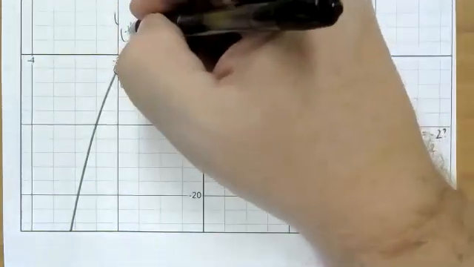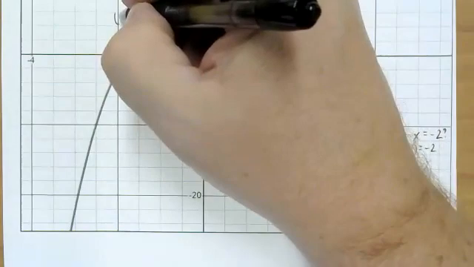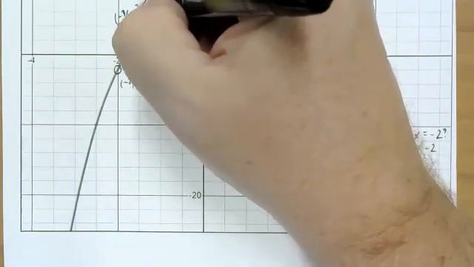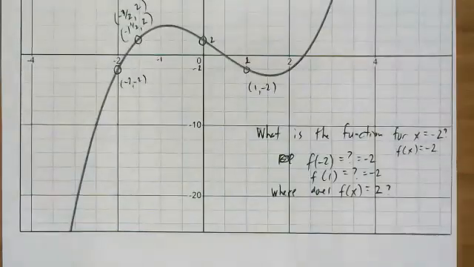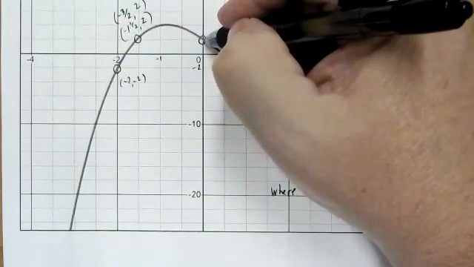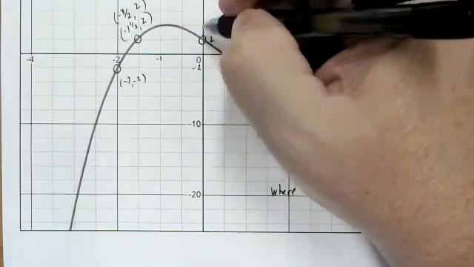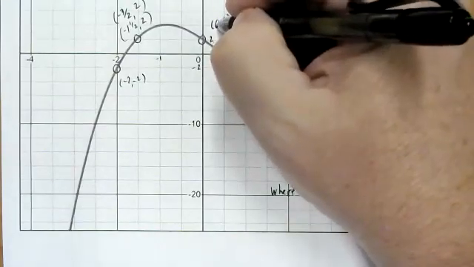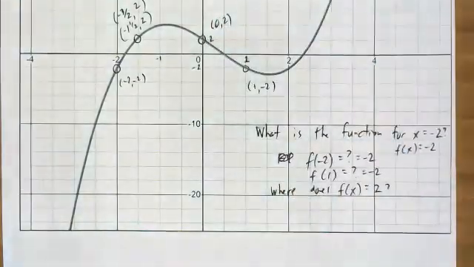A lot of times in math, these are called mixed numbers. They might like to write it -3/2. This point here is another point where the function equals 2. So that point there is 0, 2, right? Because the value of x is 0.